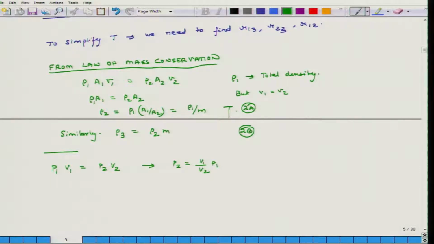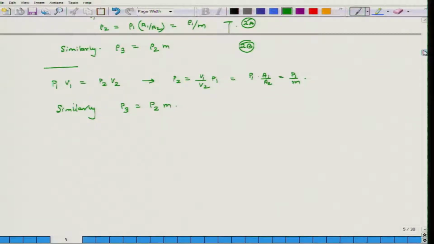Okay. So, here capital V is the volume. Now, in 1 second the volume will be proportional to the area. So, I can write this as P1 times A1 over A2, which is equal to P1 over m. Similarly, P3 is equal to P2 times m. So, we can write 4 important relations.